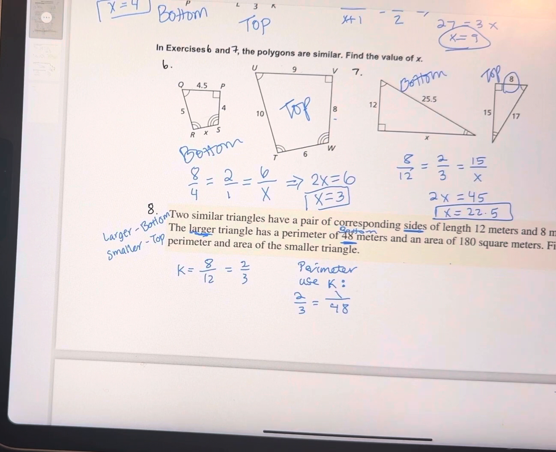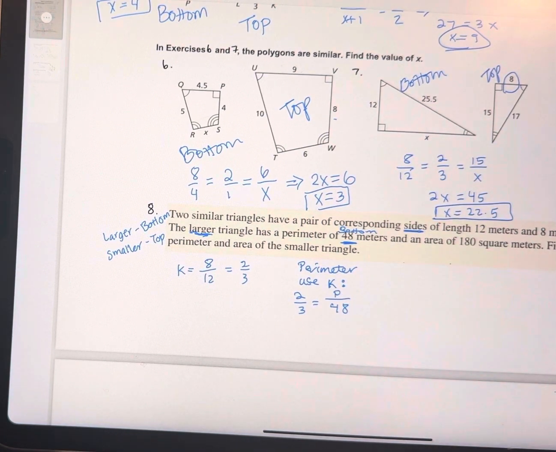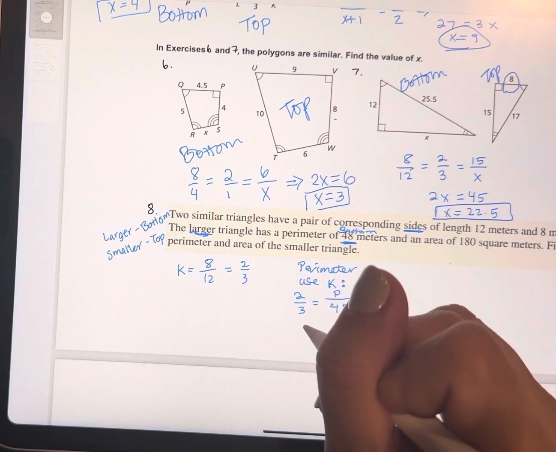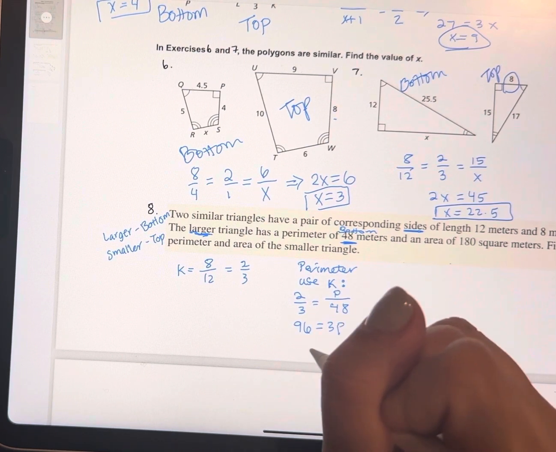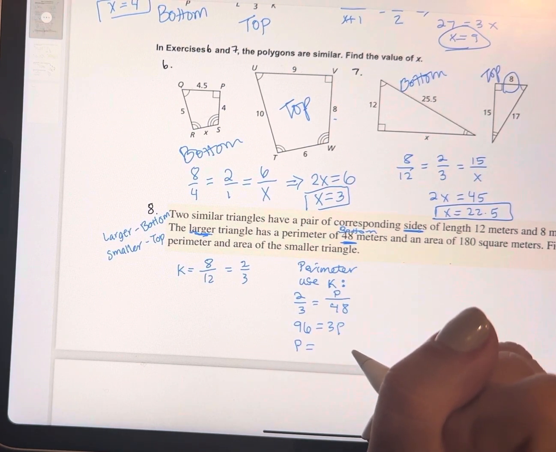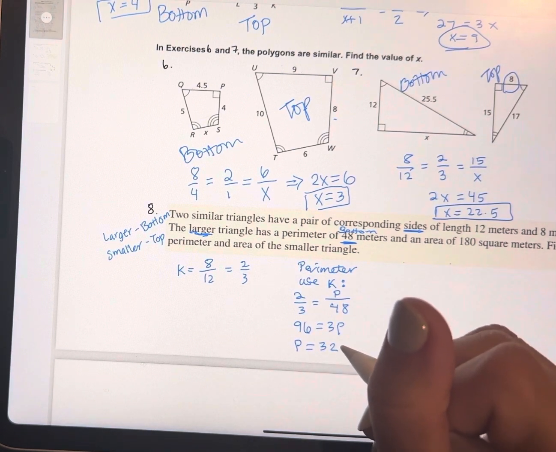Let me call it P so it's a little bit more clear, the perimeter. Now if I cross multiply, I get that 96 equals 3P, which means that the perimeter of the smaller figure is 32 meters.